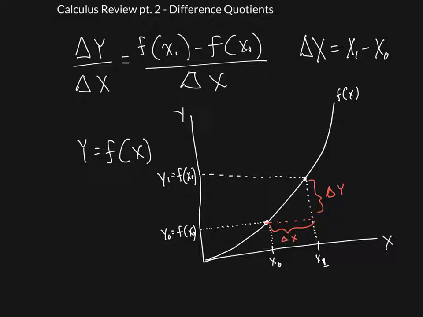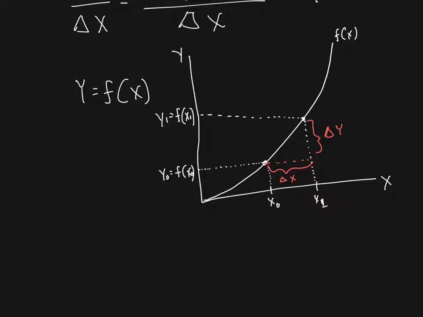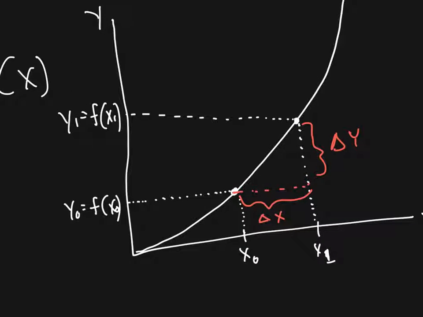This is telling us the slope of the line running between these 2 points. If we zoom in a little bit and draw a straight line that runs exactly through these 2 points, oh, that was a pretty good line. The difference quotient is telling us the rise over the run.